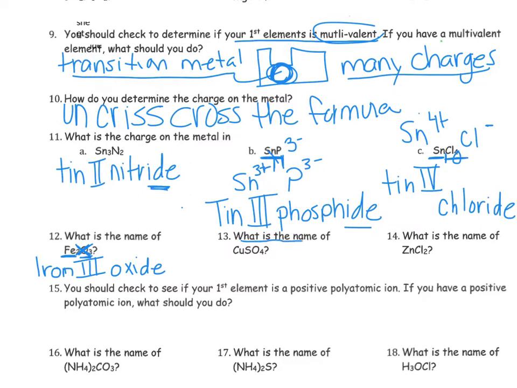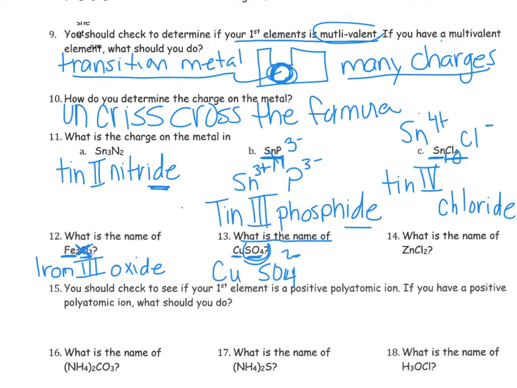Alright, now I have another one. This is interesting. I've got a transition metal and a polyatomic ion. So I've got somebody who needs a Roman numeral, and I've got somebody else who's directly off your sheet. So you're going to need your periodic table for this. So first I have to find this guy on my polyatomic ion sheet and uncrisscross the charges. So I look up SO4, and SO4 is sulfate, and it has a -2 charge.